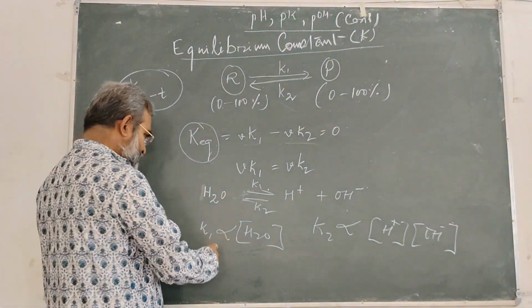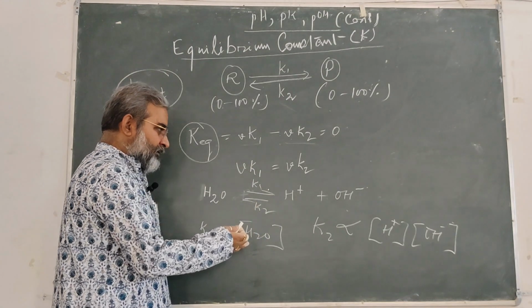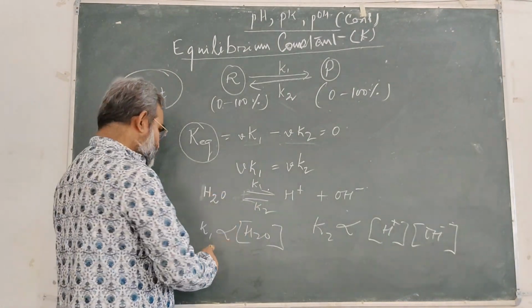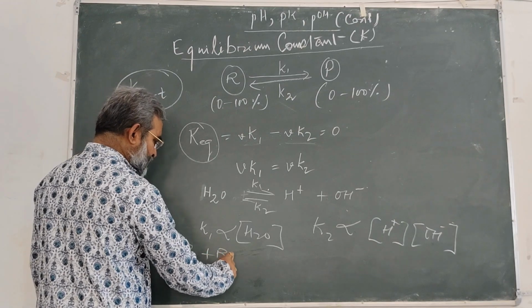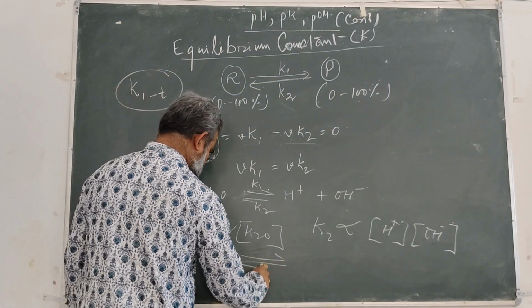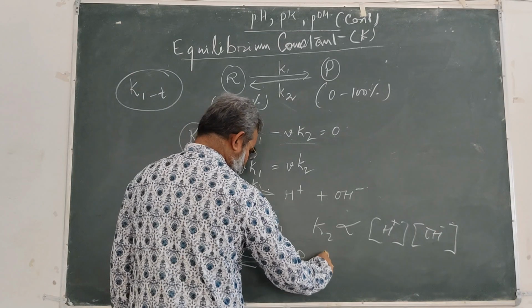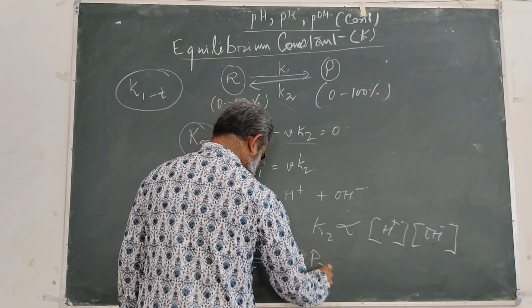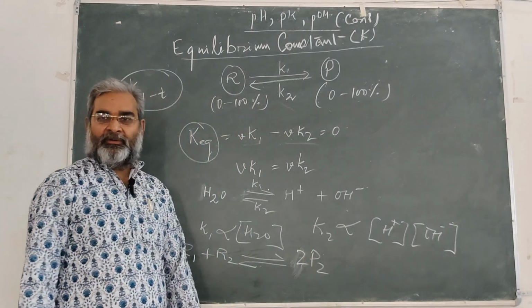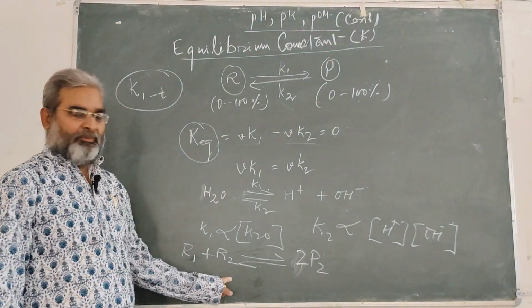In other way, if it is not in the condition of water, it may be reactant 1 plus reactant 2, giving product 1, or suppose it is 2 units of product.